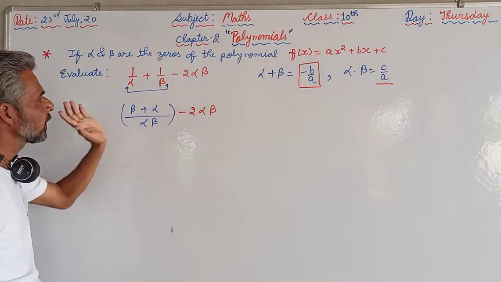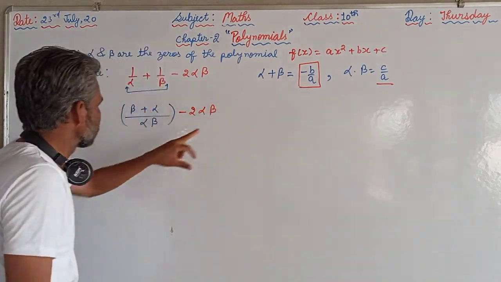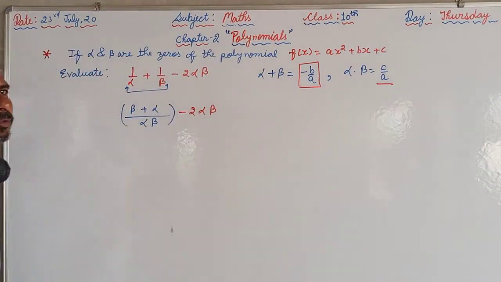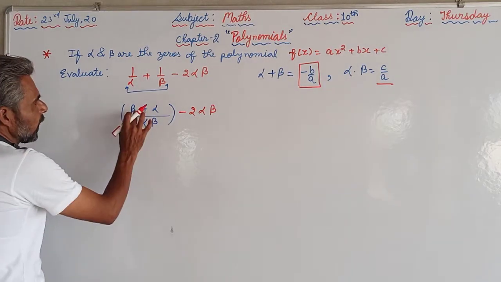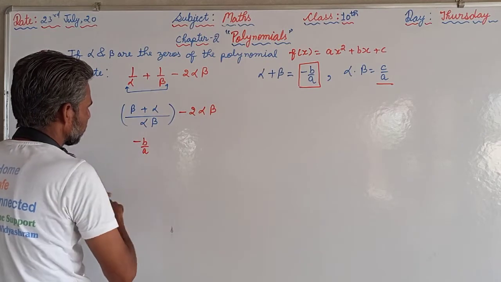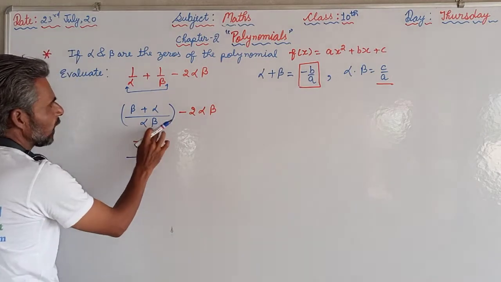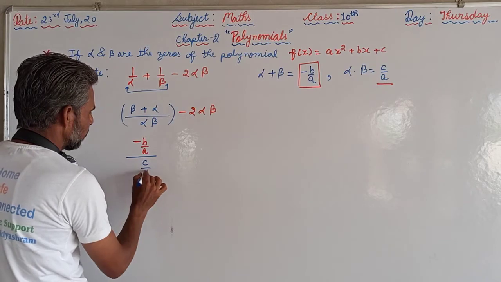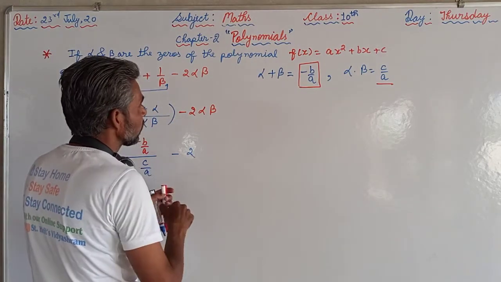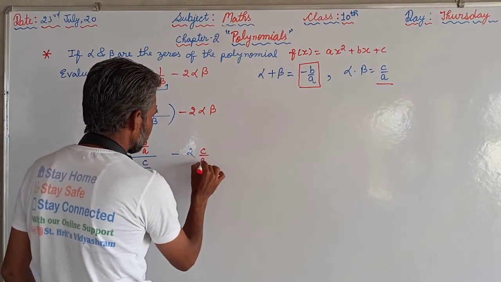Now we know the values of all these three terms. Beta plus alpha means alpha plus beta, that is given here. Alpha beta is already given here, and again alpha beta. So we are supposed to substitute the values of alpha plus beta and alpha beta. Alpha plus beta is minus b upon a, whole upon alpha beta, which is c upon a, minus 2 alpha beta, again c upon a.